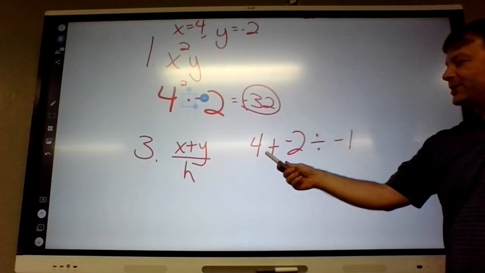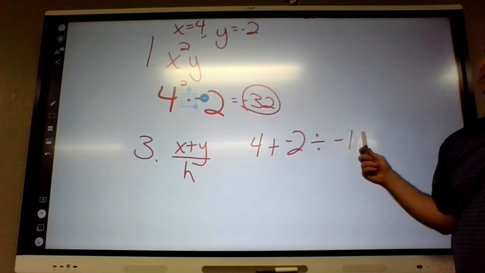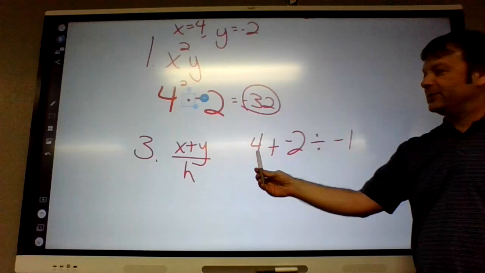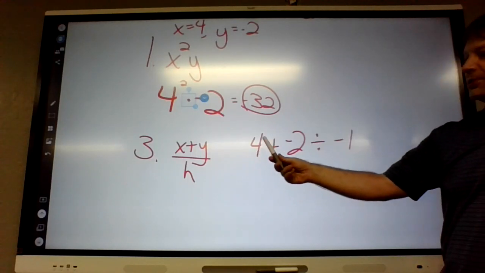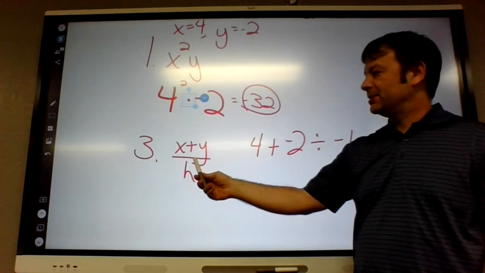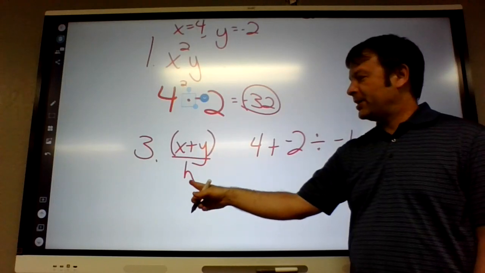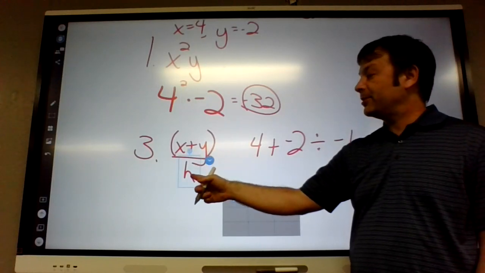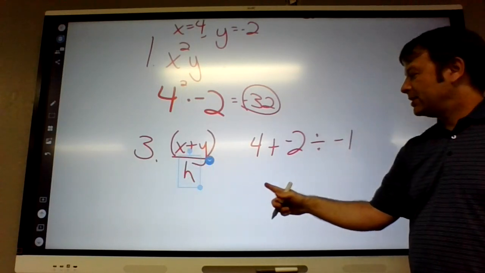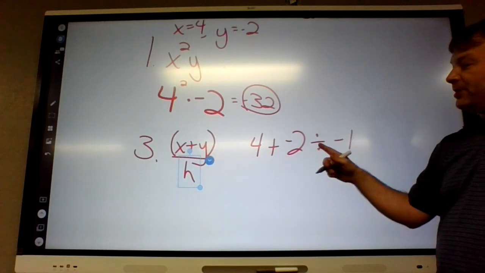If I plug this in the calculator like this, it would be wrong. Does anybody know why? Order of operations. What's the order of operations supposed to be? Top first, bottom first, well, there's nothing to do on the bottom, but if there was something, and division last. So how do we make it happen?